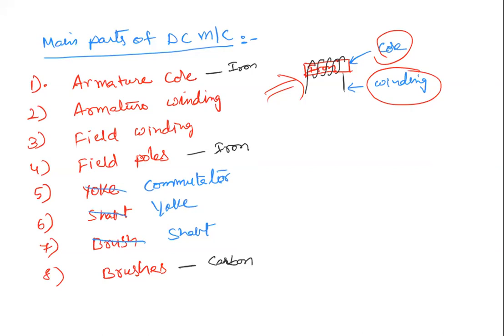Shaft is steel, silicon steel. Yoke is also iron. Commutator is copper. All the windings are copper material. These are the materials with which these important parts of the DC machine are made.